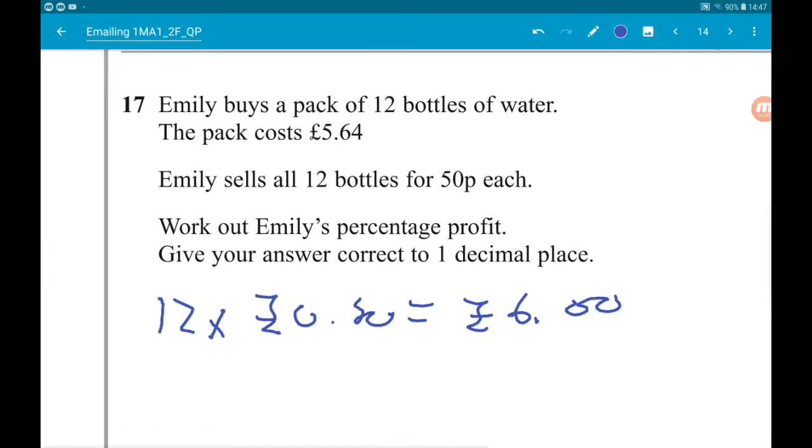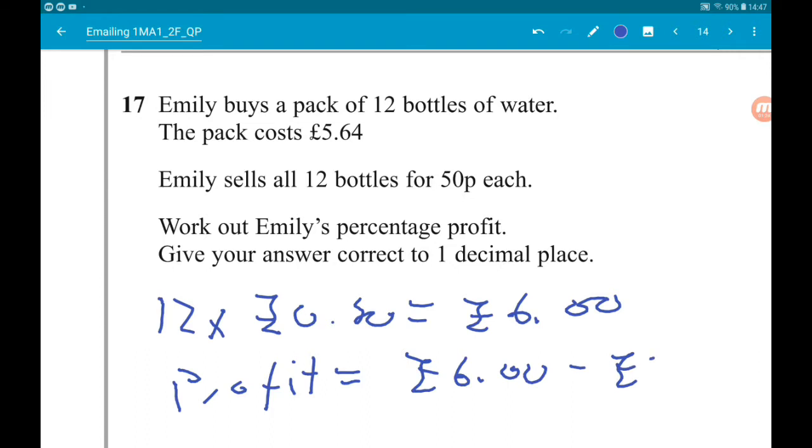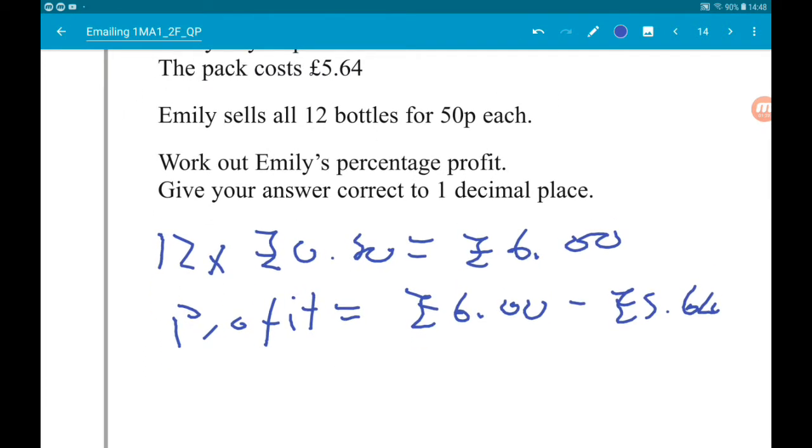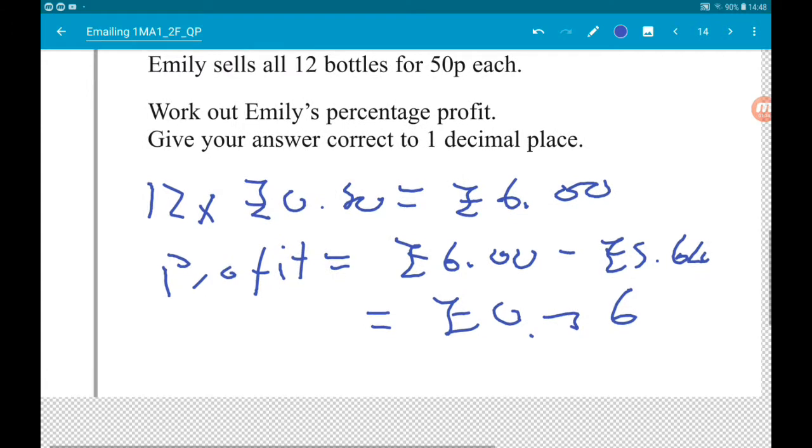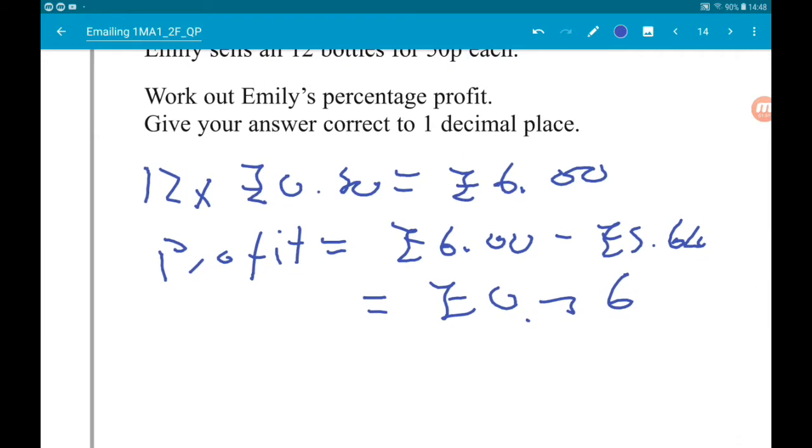So, her profit is £6 minus what she paid, £5.64. Now that gives us 36p.